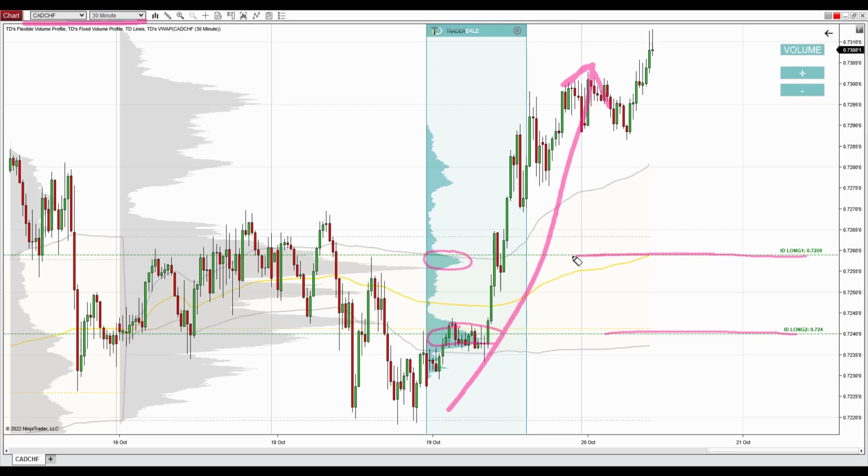So let's talk about the first one, the higher one. This one is based on a volume profile setup called the trend setup. You trade the trend setup when there's a trend, and what you want to see within the trend is a volume cluster like this one. This is the beginning of the heavy volume cluster, and this is where I think buyers will want to become active and push the price upwards.